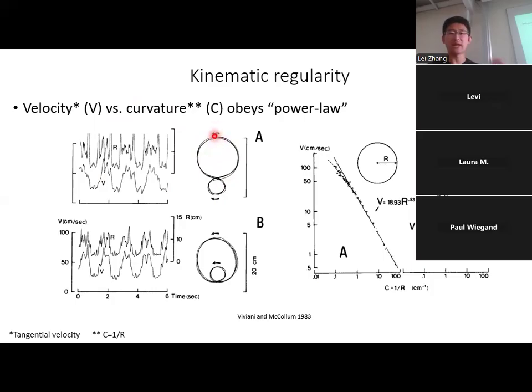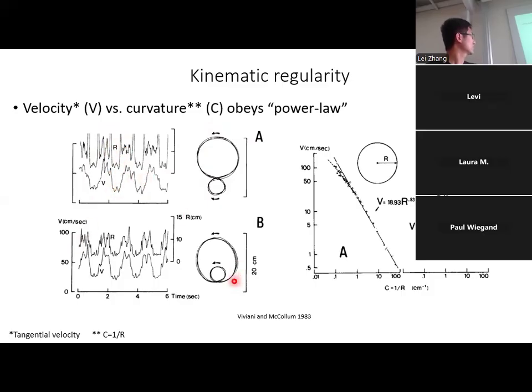The two variables we look at are the velocity, which is the tangential velocity along the curve, and the curvature C, which is 1 divided by the radius. In example A, you draw this figure of 8, and the lower curve is the velocity and the higher one is the radius. If the radius is larger, the velocity is also large. When the radius is smaller, the velocity is also slow.